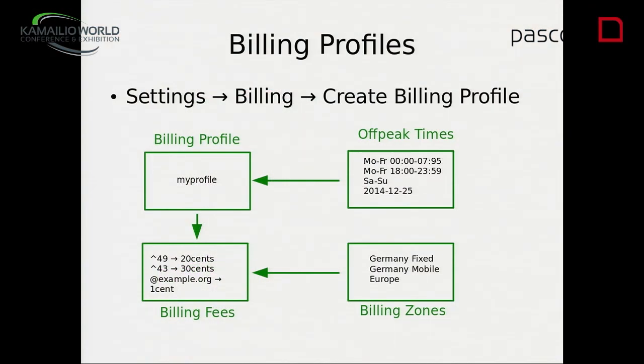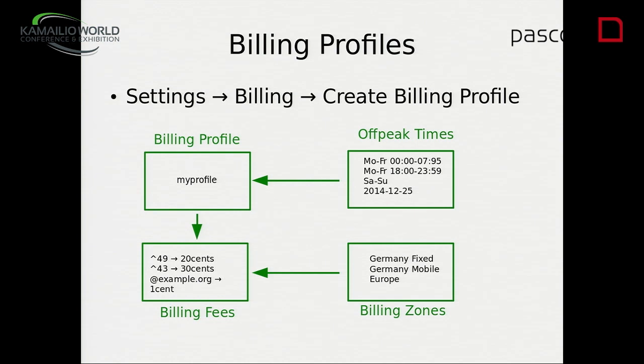The billing profile is basically assigned to the customer because the customer is the billing container. Basically, you can add off-peak times of that billing profile, so you can specify a fee, a rate for the on-peak and off-peak.